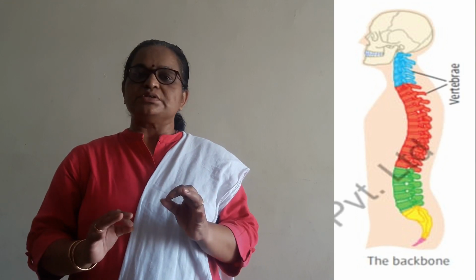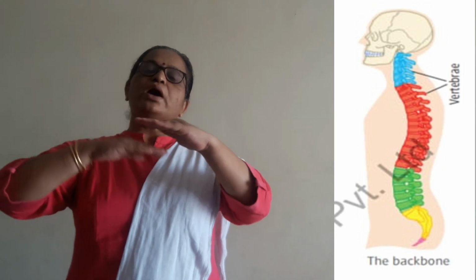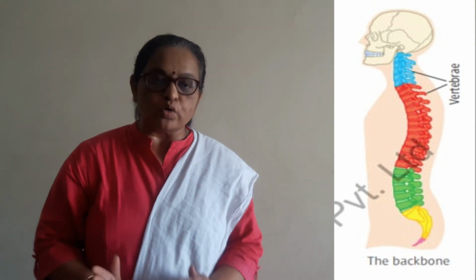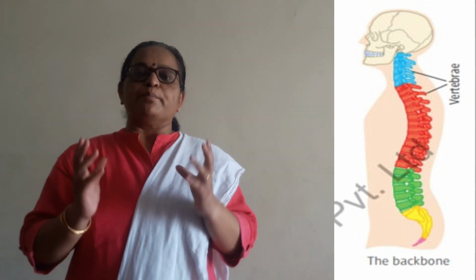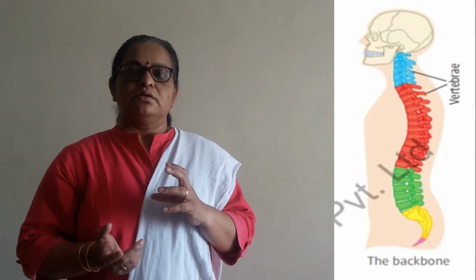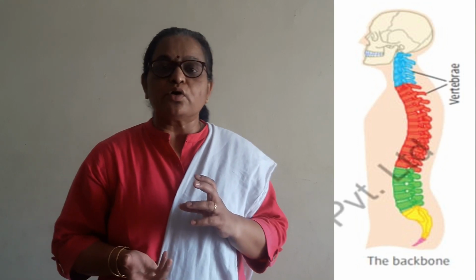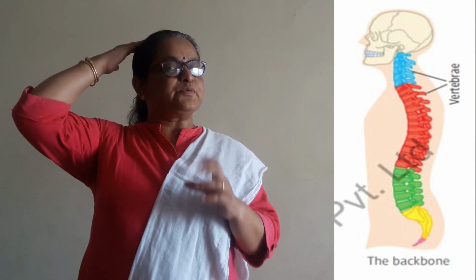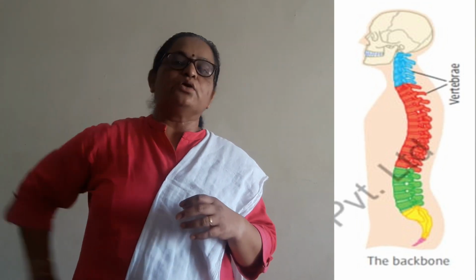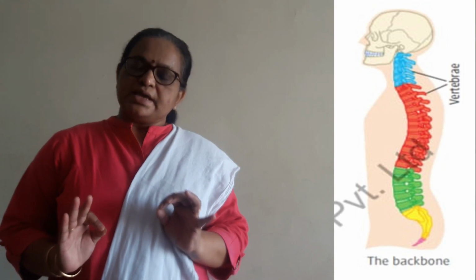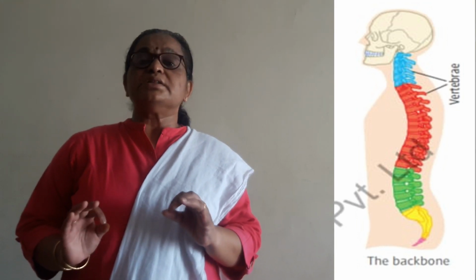They are small bones and they are arranged one above the another and forms a backbone. This backbone protects spinal cord. Yes, what is spinal cord? It is a bundle of nerves which extends from our brain and going to hip. Understood? Yes, there are 33 bones.